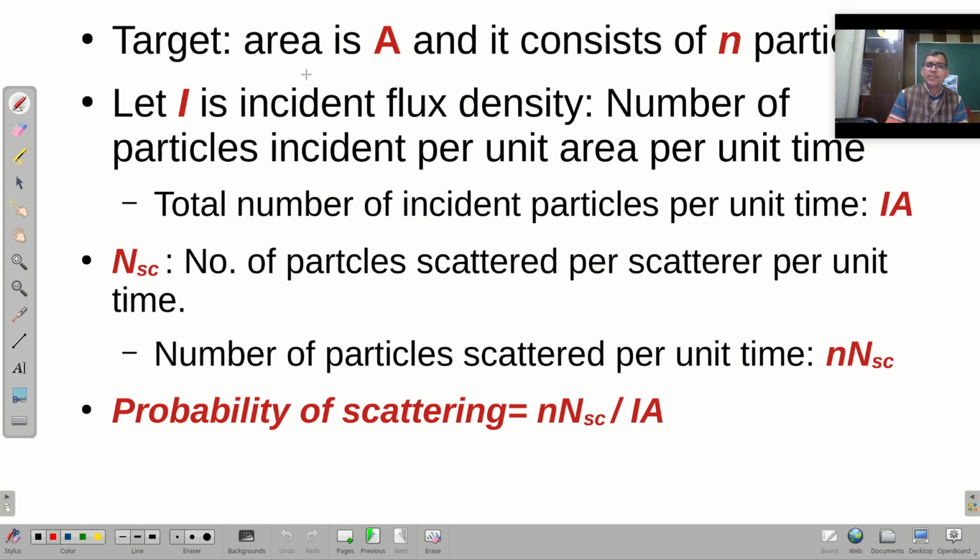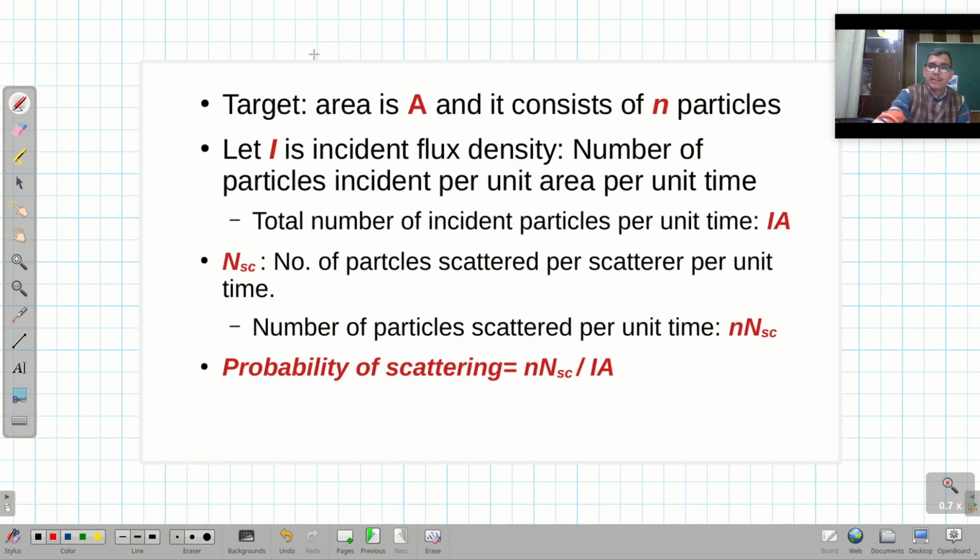Suppose A is the area. Suppose there is a target area, and say its area is A, and it consists of n number of particles inside it, and say I is the incident flux density.